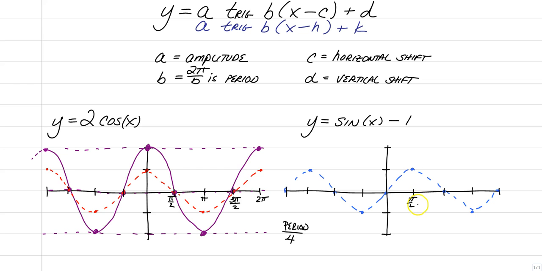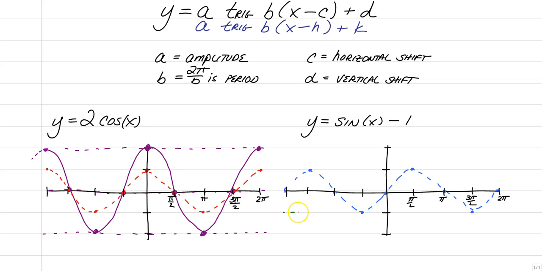So this would be pi over 2, this would be pi, this would be 3 pi over 2, and this would be 2 pi. Okay? And of course it's going to go backwards in the same direction. Now this example has a vertical shift of 1 down.